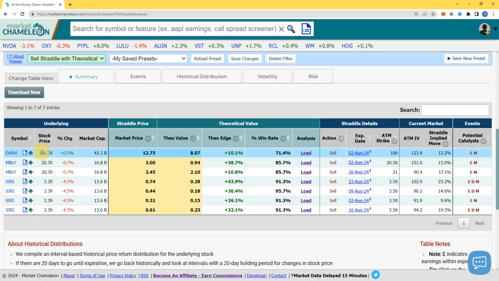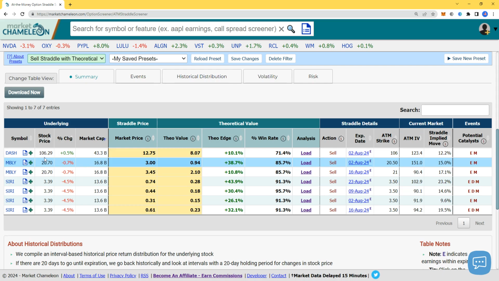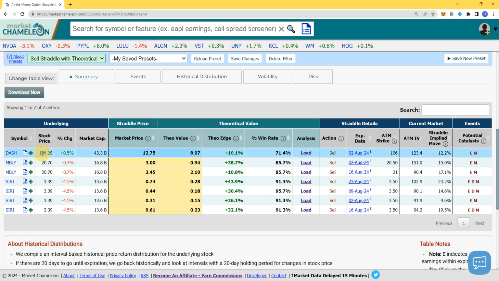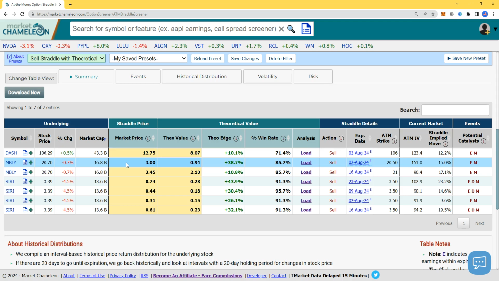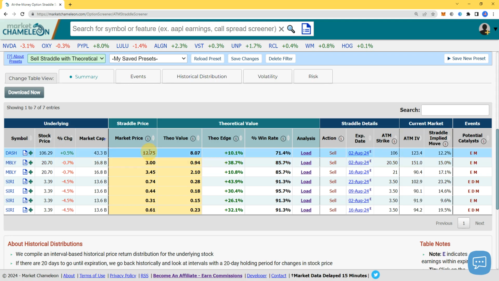So as long as DoorDash is below 119 to the upside or above 93 to the downside, anything in between, your straddle premium is worth it. You are making money. Now, if by expiration, let's say DoorDash goes to 80, you are losing money because now you are paying 2,600, let's say. So the call option is worthless, and the put option is 2,600, which you need to pay, because you just collected 1,300, so you lost another 1,300.